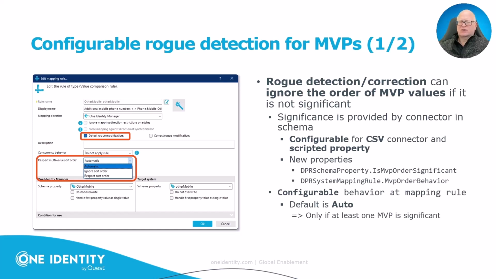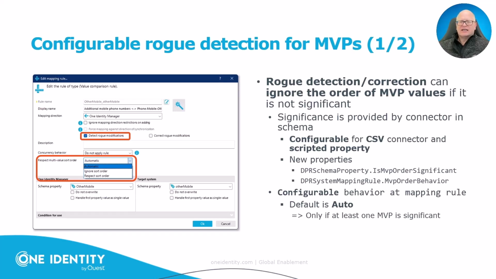Smaller characters or lowercase characters have another sort order than uppercase characters. So the list looks different if you sort it differently, and because of that the rogue detection will happen and will outline there is a change. Because of that, equal properties will be synchronized again, and the problem is it will synchronize every time, because of, for example, different handling in different systems.